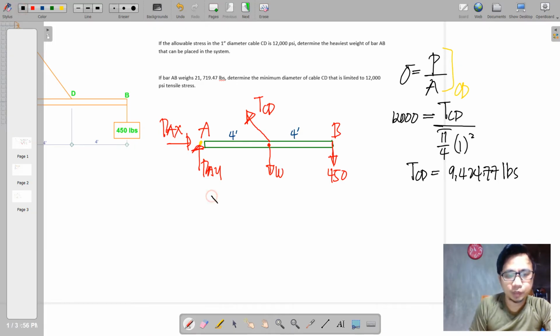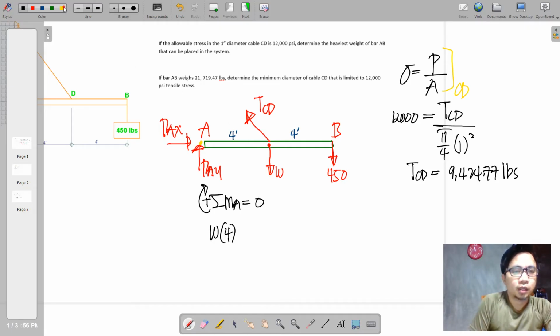So by summation of moments at A, first we will have W, which is a clockwise rotation, times the 4 distance of W from A. And then CD has a vertical component as well as a horizontal component.